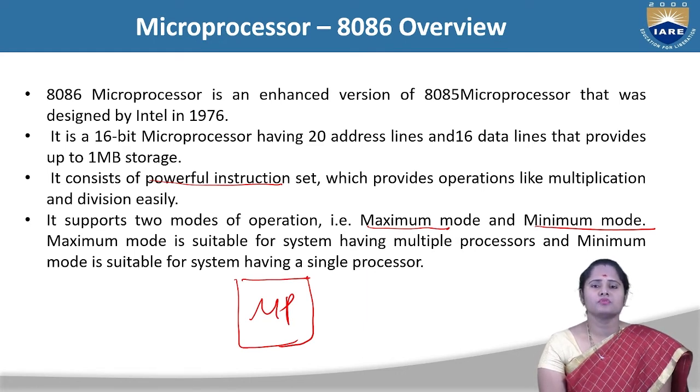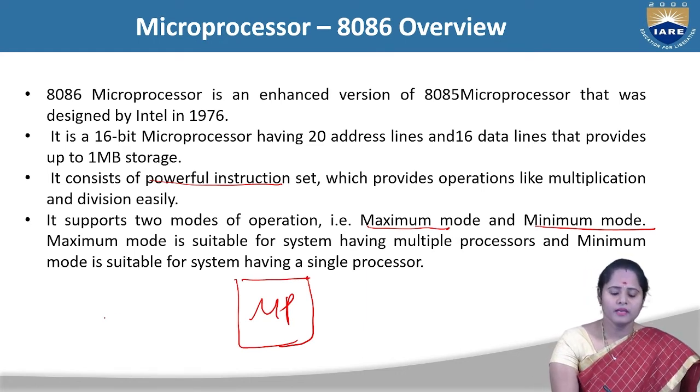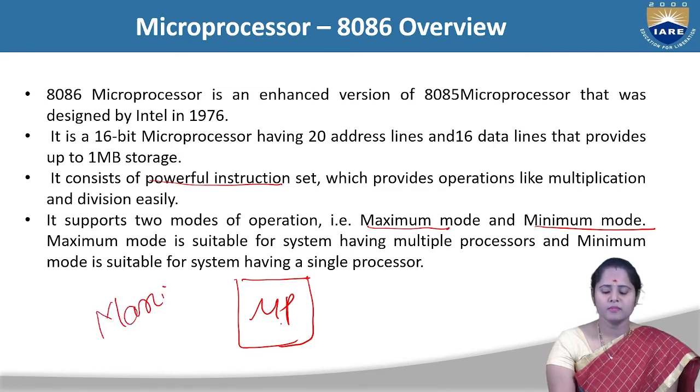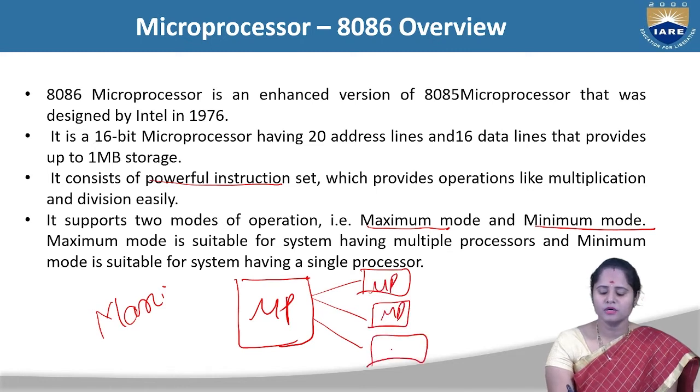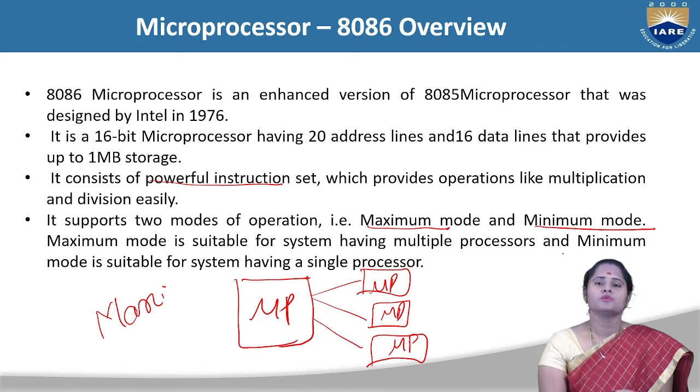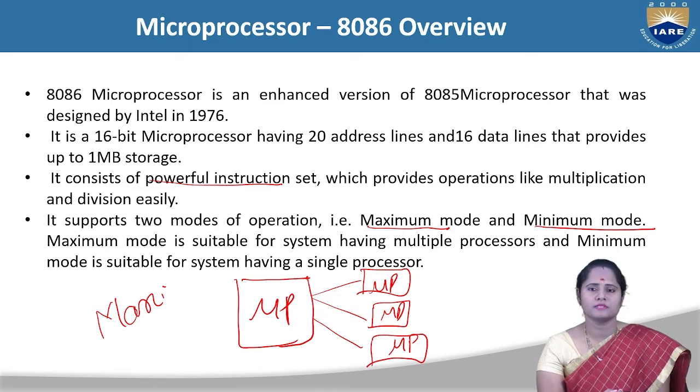Whenever my microprocessor is working in maximum mode, it can work with a larger number of external devices and multiple processors. That is maximum mode. So maximum mode is suitable for systems having multiple processors connected to our processor.